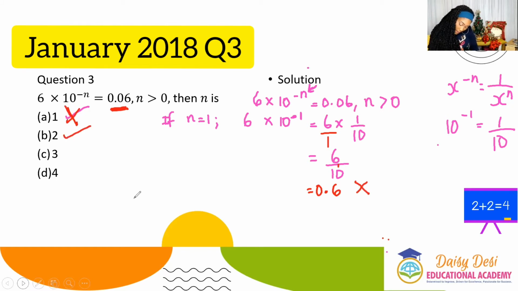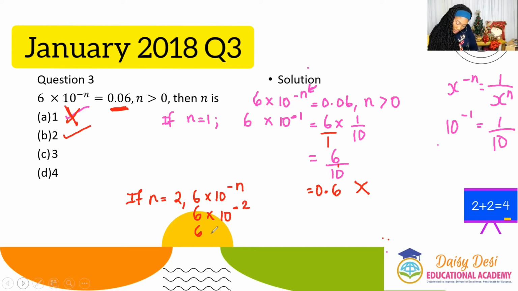So let's try 2 now. If n is equal to 2, we have 6 multiplied by 10 to the power of negative n. Remember, instead of n, we are putting 2.